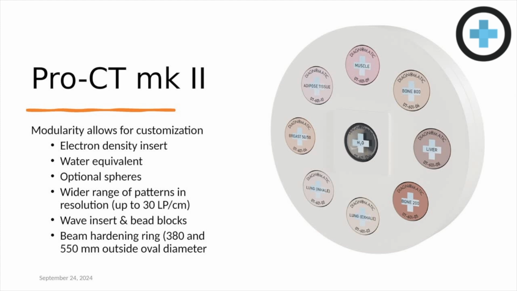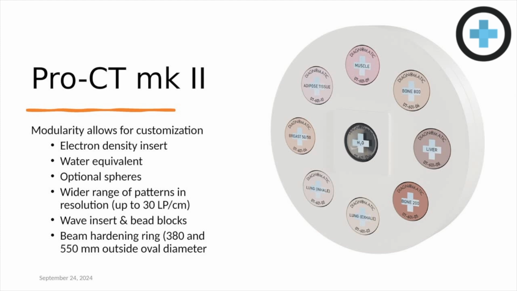As I mentioned, the ProCT Mark II is a modular phantom, so we can make different changes to it. Different inserts are available. So first being that electron density insert shown here. So it'll give you some different material beyond what the standard insert would have. We have the water equivalent because that tends to be the standard one with the CatFan 600, so we have that as well as an optional. There's one with optional spheres.